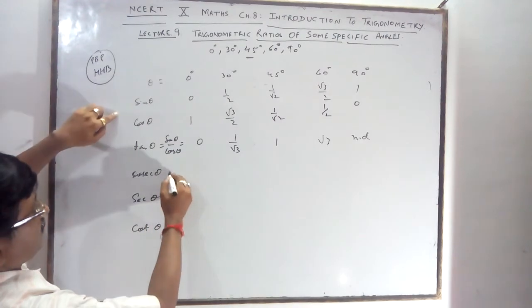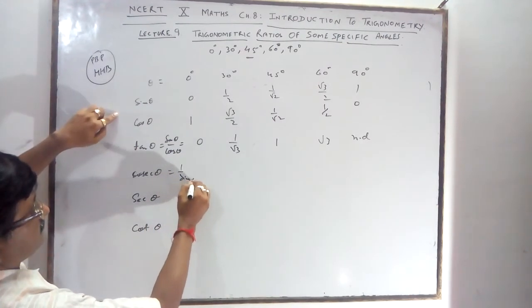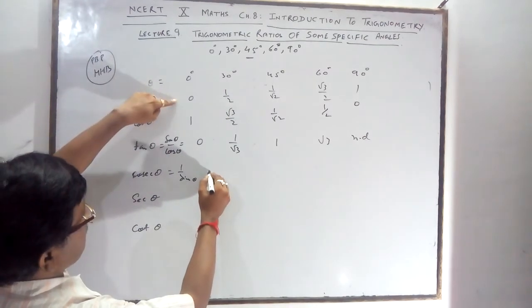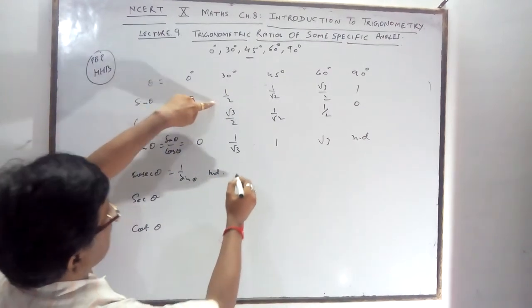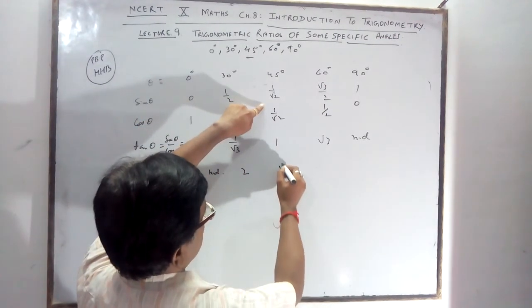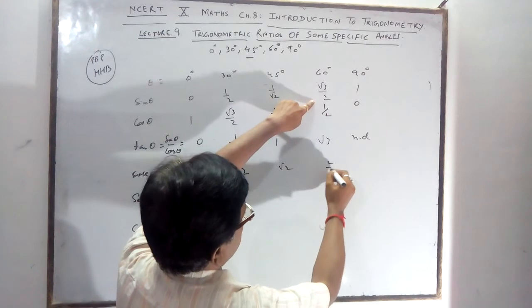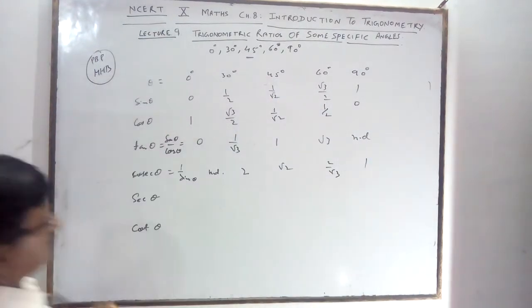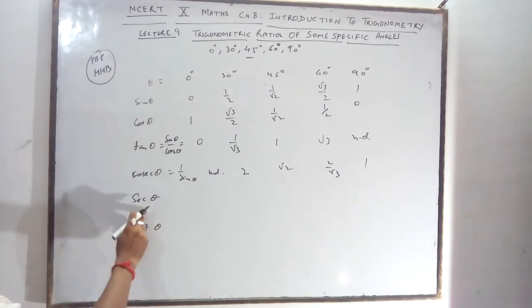Cosec is the reciprocal of sin. So 1 upon 0, here sin theta 0, so 1 upon 0 is not defined. Then it is 2, the reciprocal gives root 2, then 2 by root 3, and 1 upon 1 is 1. The reverse order of this is sec.